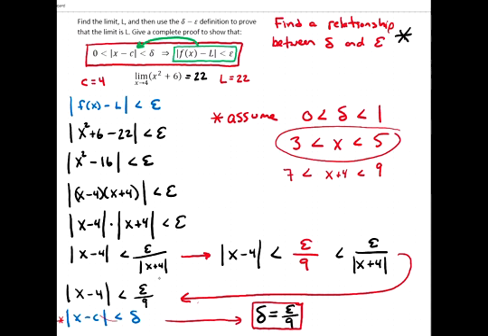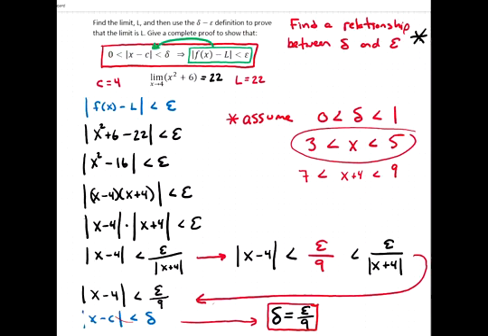And to give the proof, step one would be, we could maybe number our steps. So if this was a question on an exam, and it said give a complete proof to show that the limit is 22, this would be step 1, this would be step 2, this would be step 3, and so on.